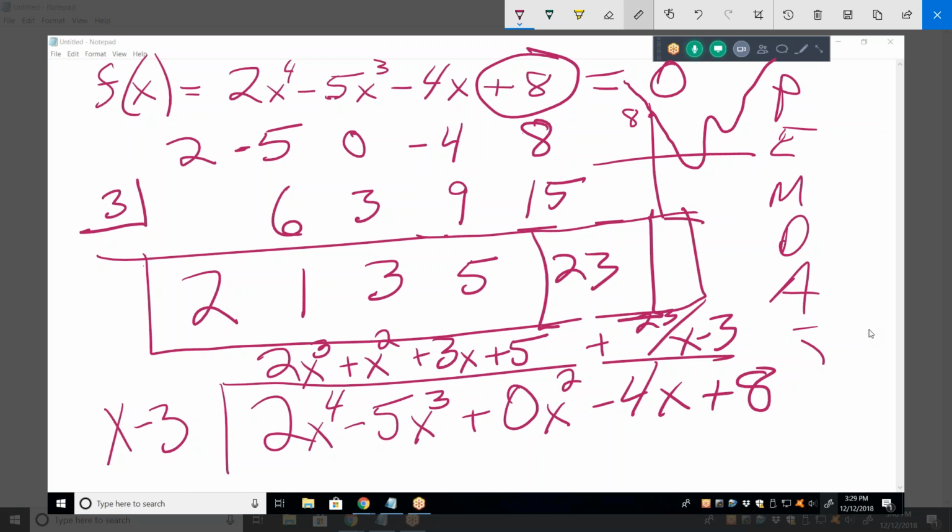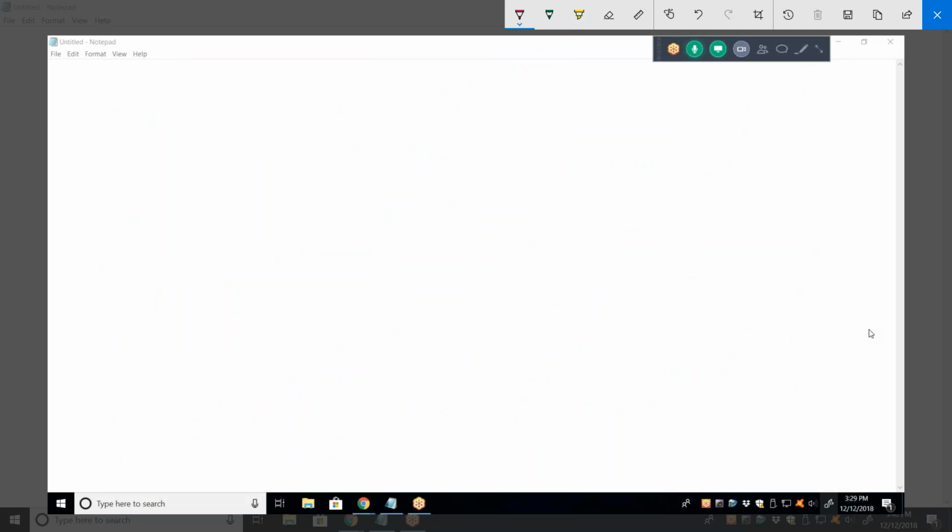Which would be just simply factoring and solving polynomial functions. Just going over that a little bit, just for a couple problems. This one is g of x equals x cubed plus 5x squared minus 9x minus 45.